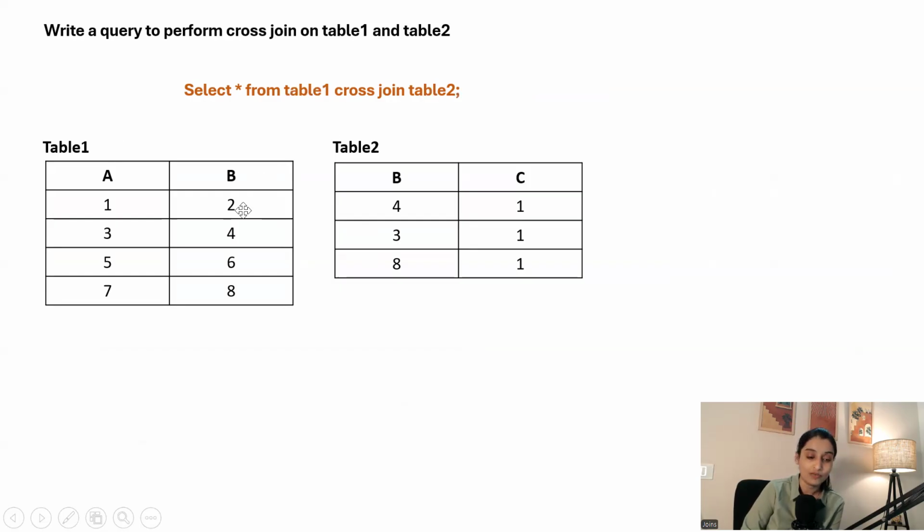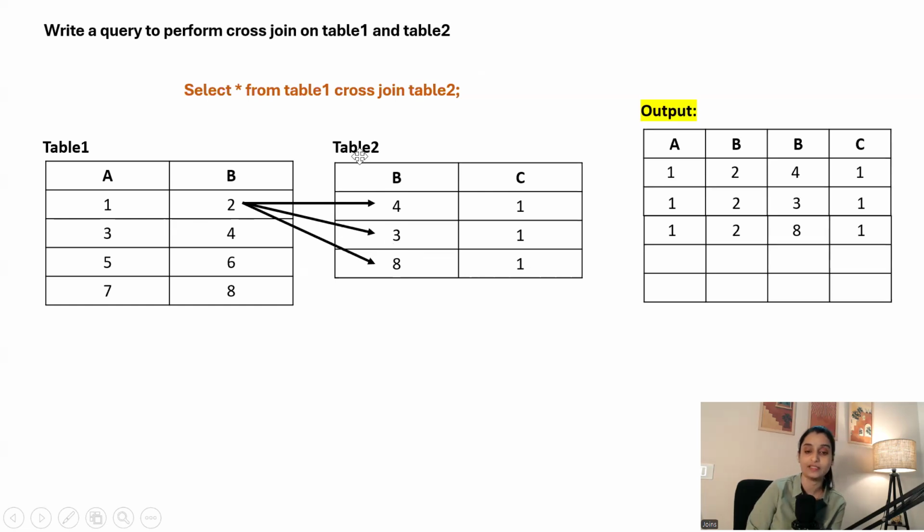Then what will happen? First, it will check this 2. It will match with 4, 3 and 8. Basically, it won't target 2 only. It will target the complete first row, 1, 2, these values, and it will combine this with all the 3 rows of table 2 like this.